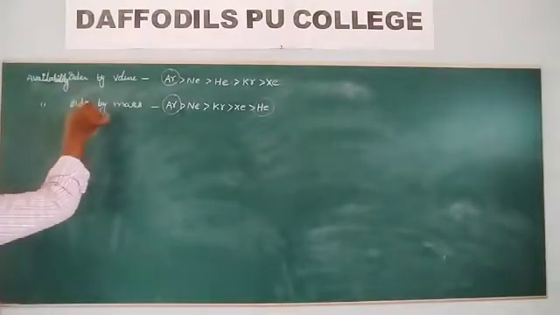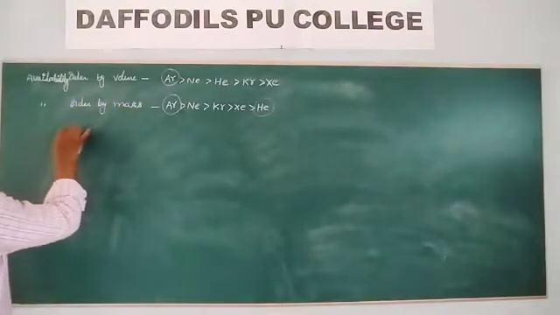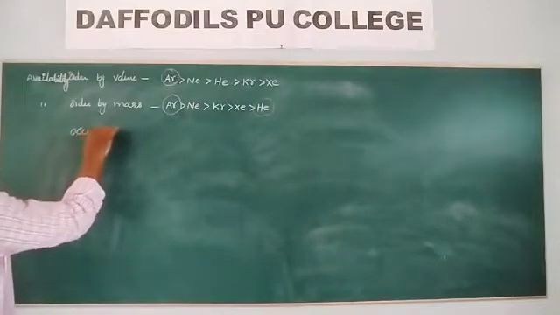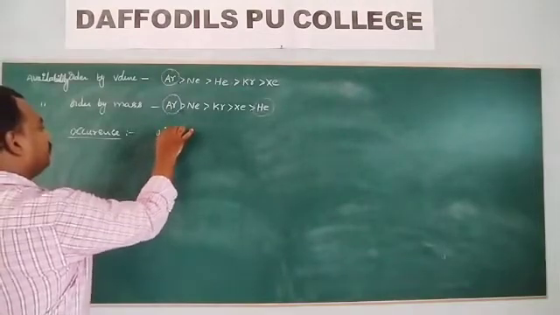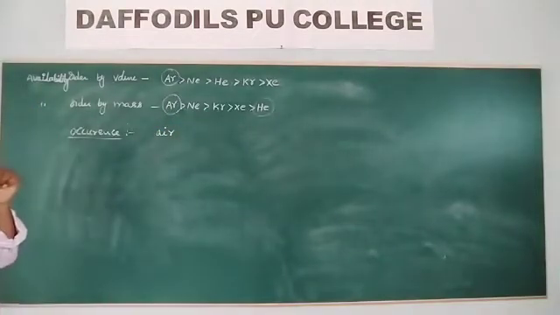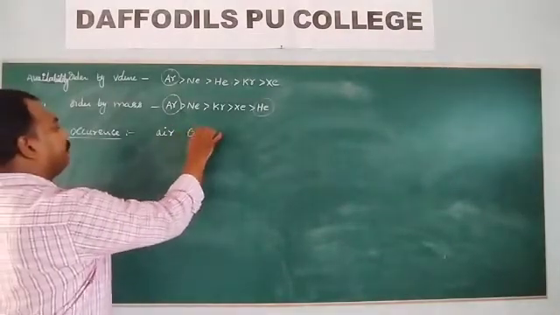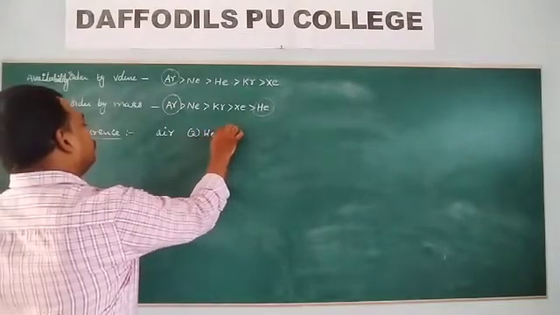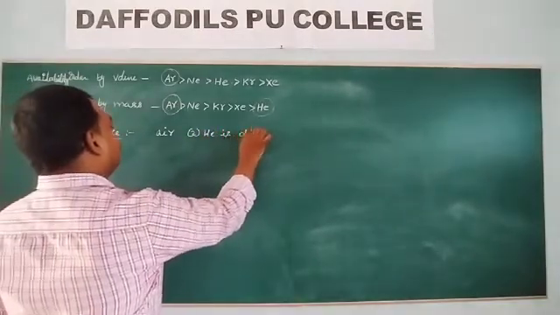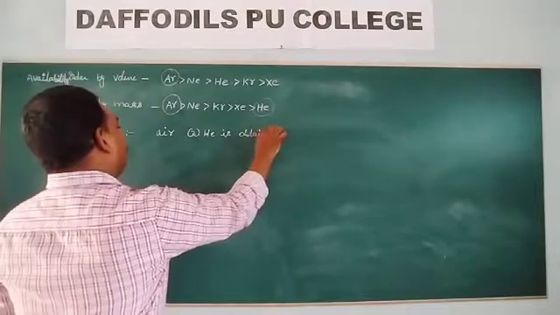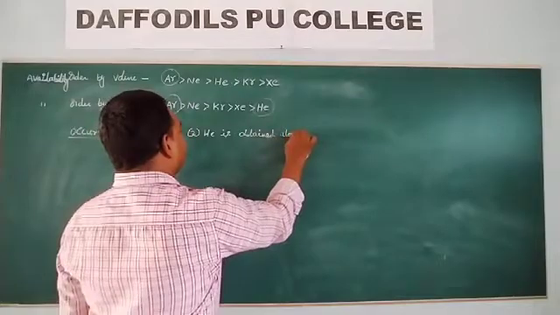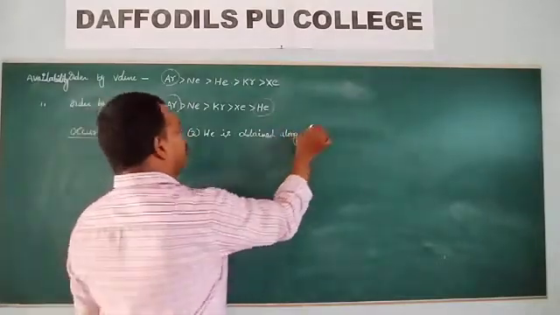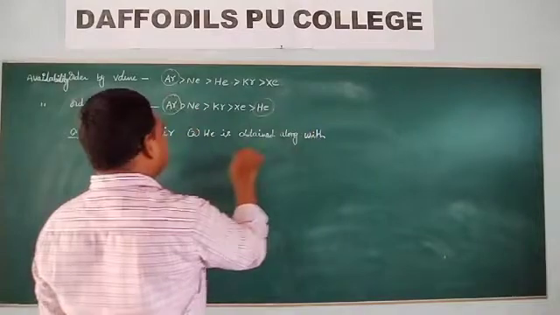Now, where can we find these inert gases? Number one, air is the source for inert gases. Another source: helium is obtained along with hydrocarbons, along with natural gas.